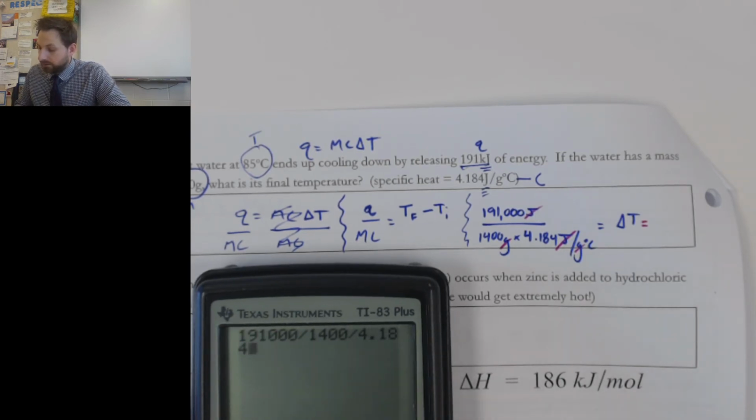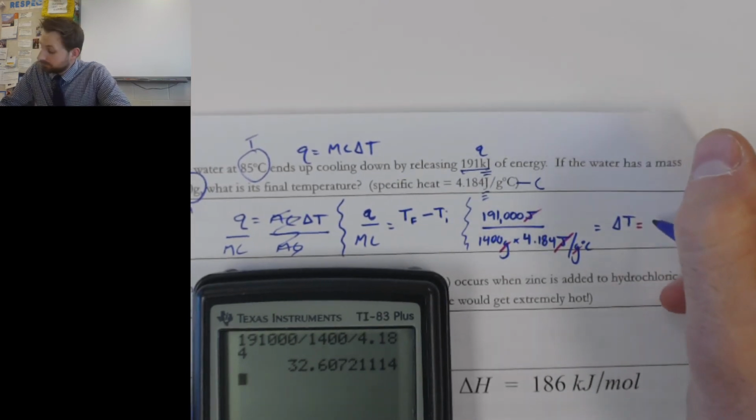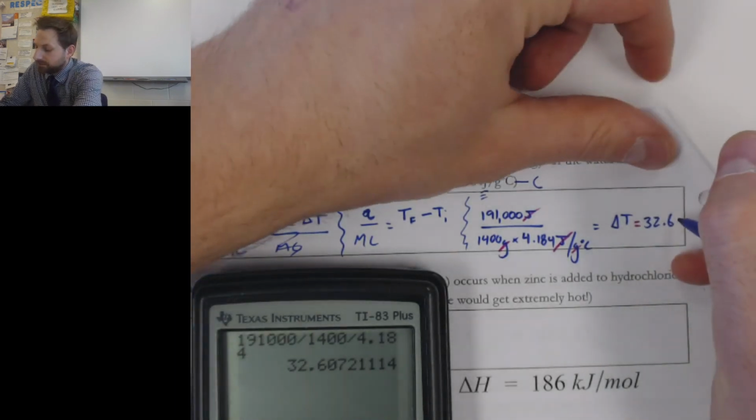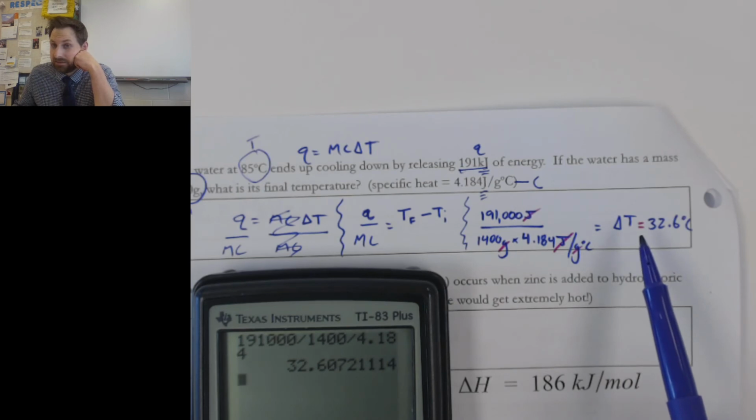I know I do my math a little weird. I could have used parentheses, but I'm lazy. All right, so I get 32.6 degrees Celsius. That is my delta T.